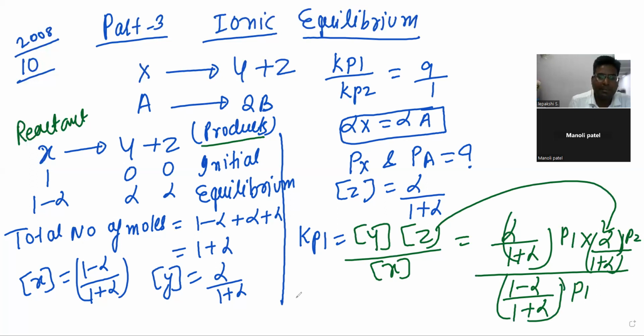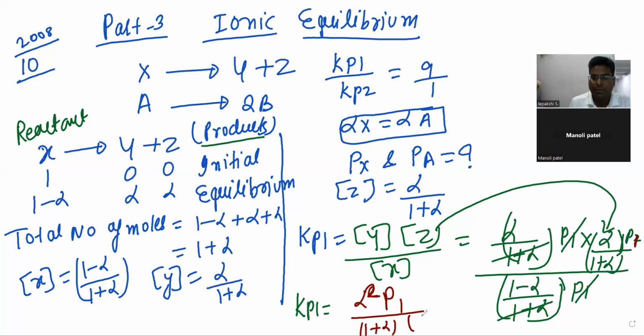Now arrange Kp1. You can cancel this P1 with this P1, and 1 plus alpha will cancel. So it will become alpha square P1 divided by 1 plus alpha into 1 minus alpha.